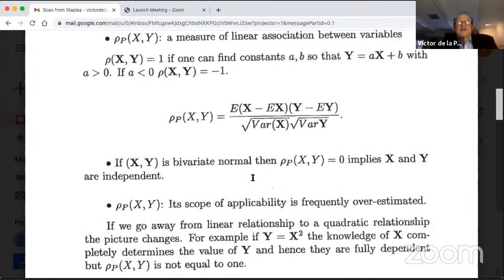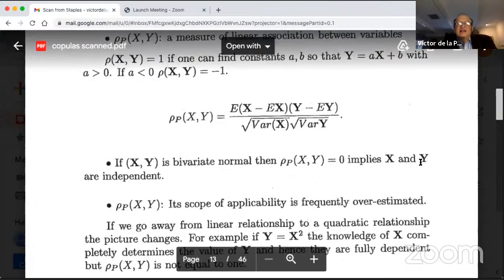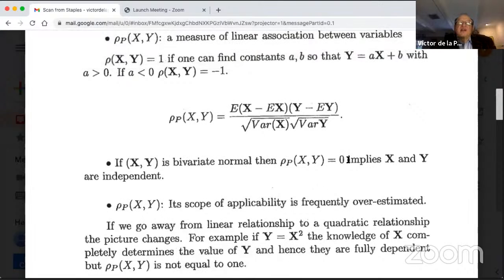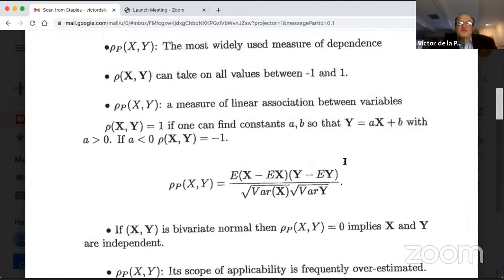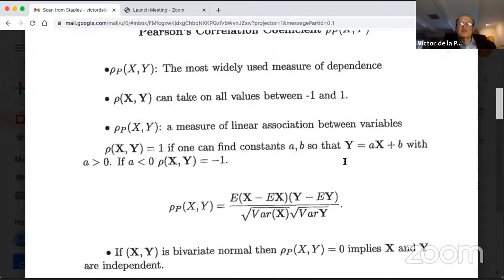Now, this is a very important fact. If x and y are bivariate normal, then the correlation of x and y being equal to 0 implies that x and y are independent. Now, let me ask you, is the reverse true? This is a question to see where we stand.